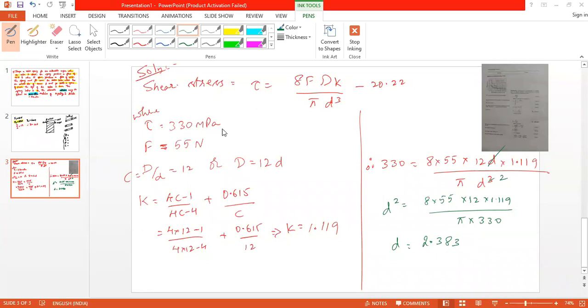See here, what is this? 330 megapascal. So 330 megapascal is nothing but 330 into 10 power 6 Newton per meter square. Right.